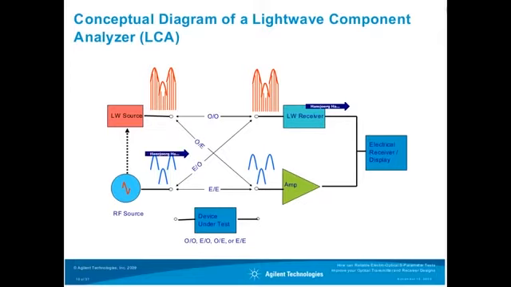With the cross segments that you have here, you can calculate different measurement modes. For instance, you have an O2E mode, which means you have a defined optical signal and you stimulate a receive device like a photodetector, and this produces an electrical signal. You measure the electrical response signal, and from that you determine the transmission characteristic of the device under test.